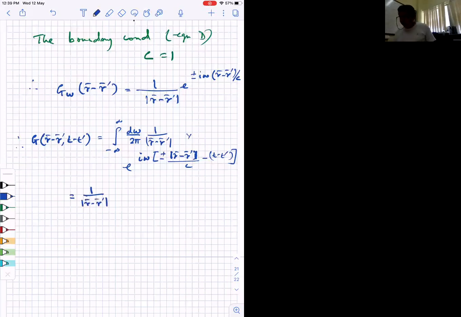Okay. And then I have a delta function, plus minus, of r minus r prime, as I said, mod, by c minus t minus t prime.